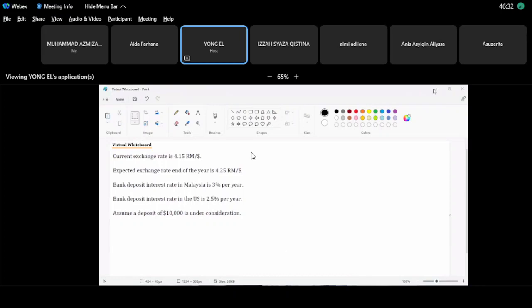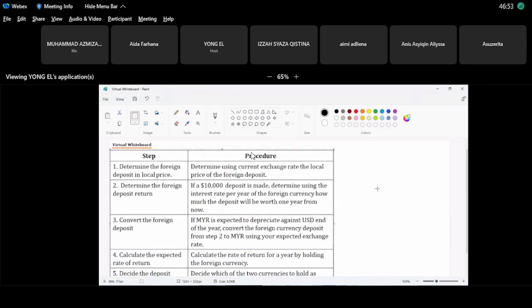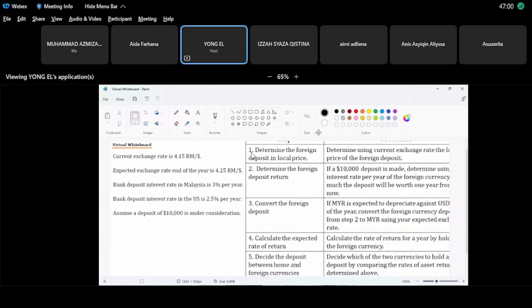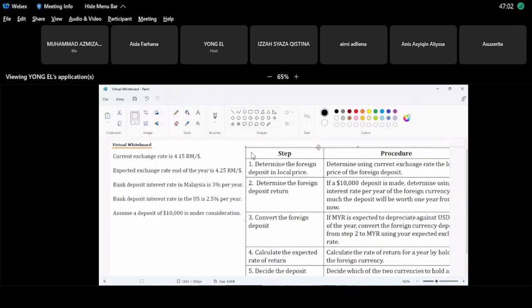Okay, here it is. Right here, this one seems to be too big.